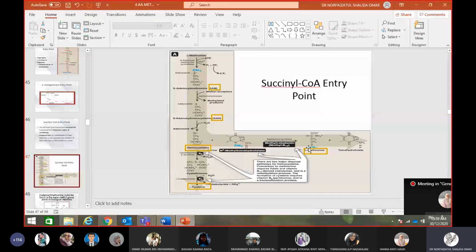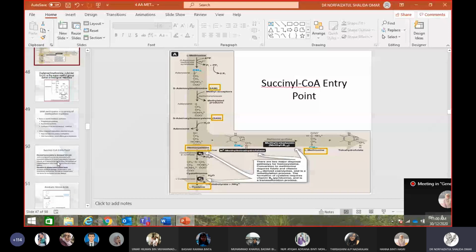On the other hand, homocysteine can also be converted to cystathionine by cystathionine beta synthase to produce cysteine. Okay, so this is how cysteine is produced. Without this, accumulation of homocysteine is quite detrimental, especially in a pregnant woman.